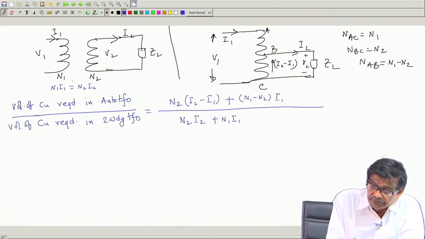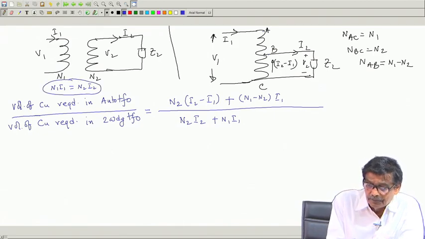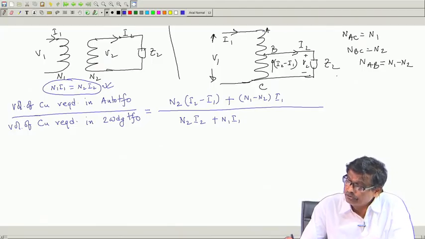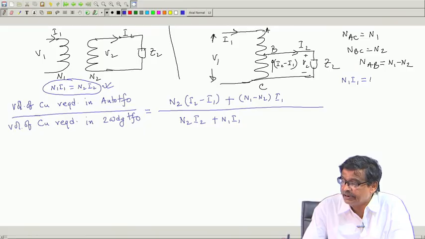But we have shown that in the case of a two winding transformer, this is already known. In the case of the AutoTransformer also, we have shown that it so happens that N1 I1 is equal to N2 I2.